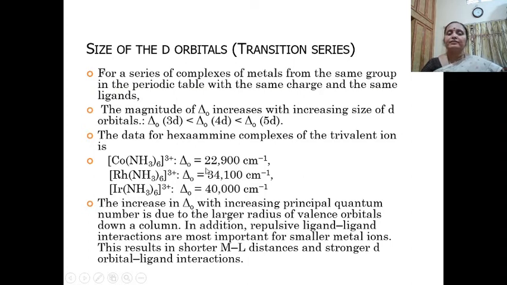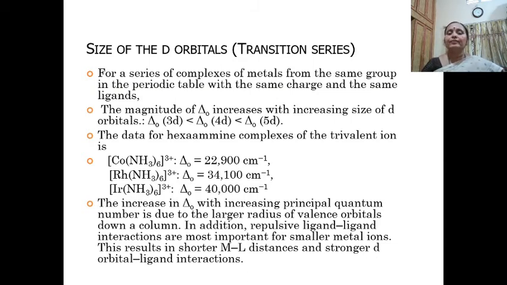The splitting energy is going to be 22,900 cm⁻¹, while for the rhodium complex it is going to be 34,100 cm⁻¹. In the case of the iridium complex with the same charge, it has 40,000 cm⁻¹. The increase in splitting with increase in principal quantum number is mainly due to the large radius of the valence orbitals down the column.